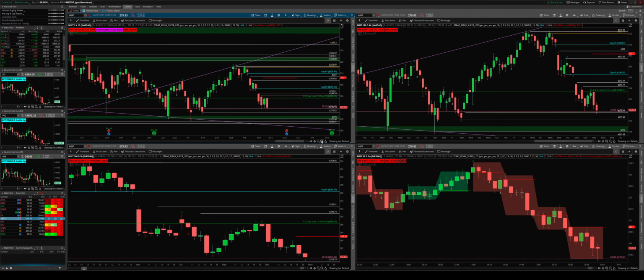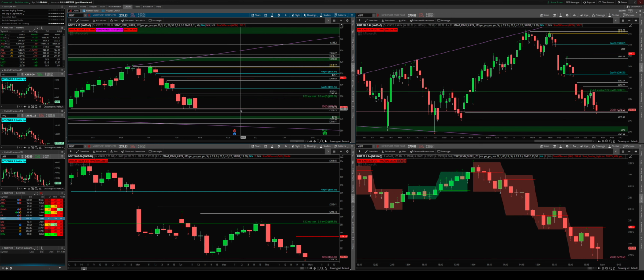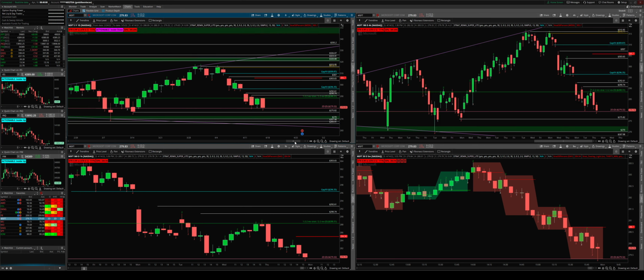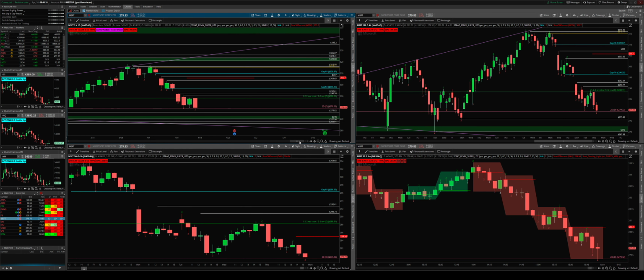All right, so back in. I'm gonna go ahead and take out this line, this level right below our entry just because it's so close. And we go to the downside 275, and then we go down to the 272, 270 area.